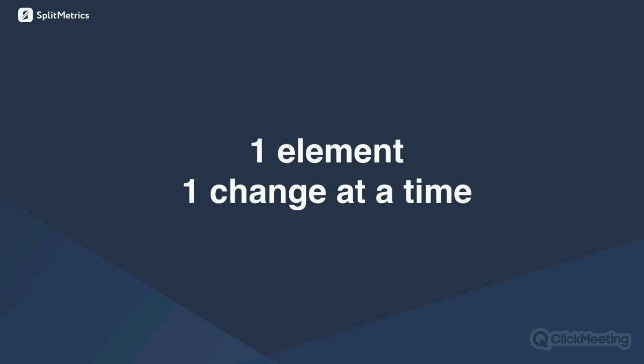So if you decide to try A/B testing, the main recommendation is to be diligent and consistent. And you want to test only one element and only one change at a time. Experimenting with different concepts at once, you will probably get just crazy results requiring multiple follow-up tests.